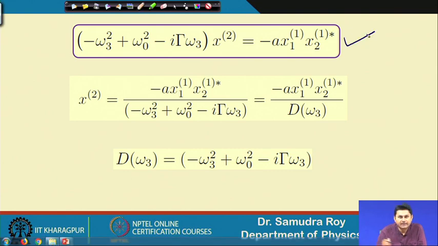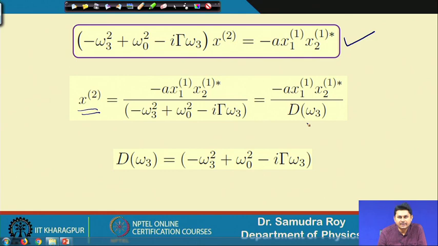We have this equation in hand, with omega 3 square. This is the same equation that we derived in the last slide, and from there if I want to find out my x 2, what we will do is divide this by this quantity, that is minus a x 1 x 2 star divided by the entire stuff, that means this one.